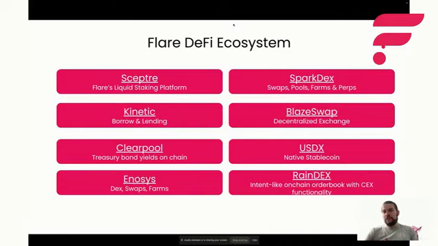We have a native stablecoin, we have treasury bonds, borrowing and yielding, and we have a really nice intent-like on-chain order book where you can have this centralized exchange functionality that is powered by intent, but always secure in the back by the FTSO system, where you know that the price is never deviating that much.